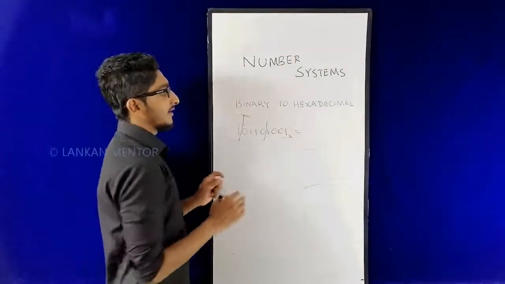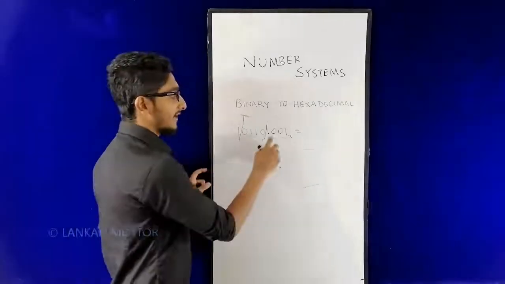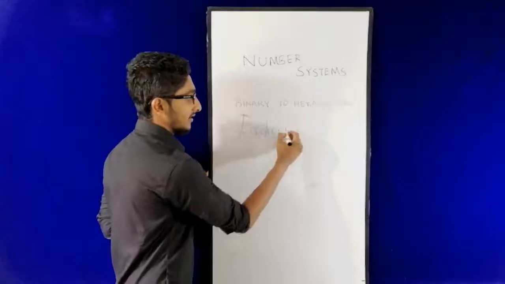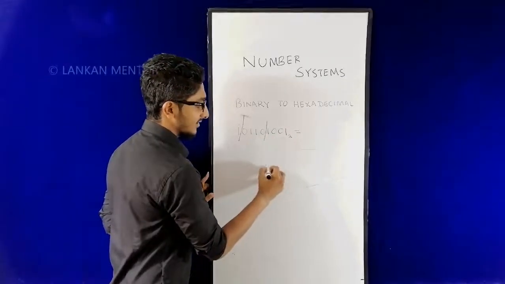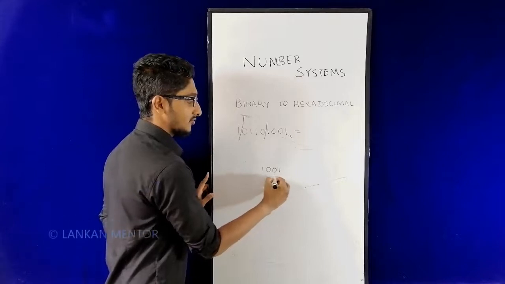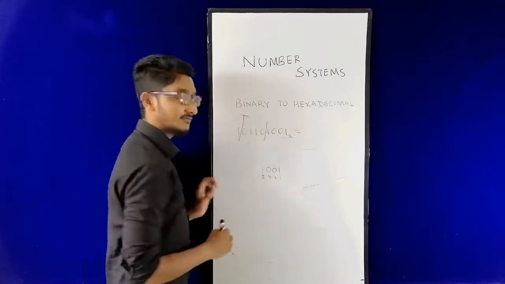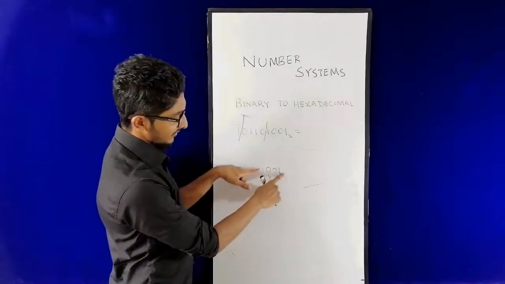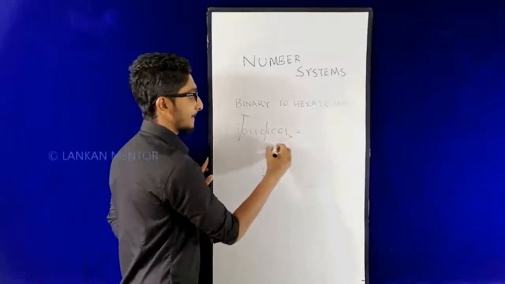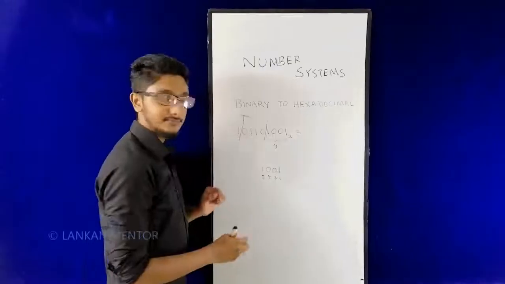What you have to do is find the value of each of these groups. How? Now let's take 1001, this part. So it is 1, 2, 4, 8. 1 and 8, it is 9. So it is 9, right?